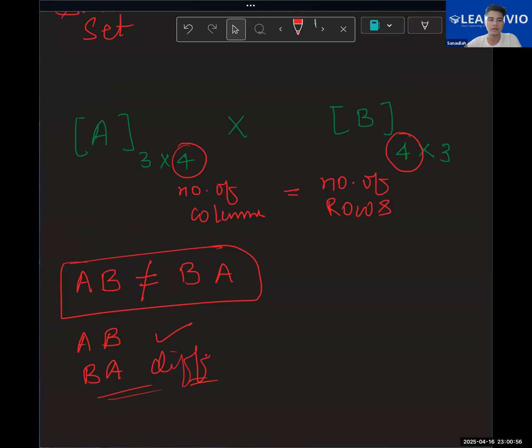To get two matrices multiplied, the number of columns should be equal to the number of rows.